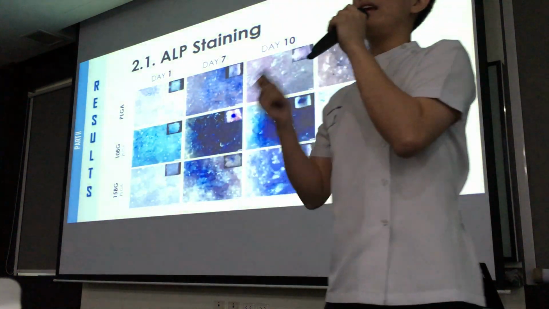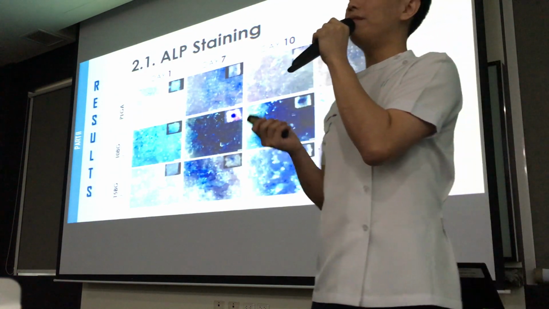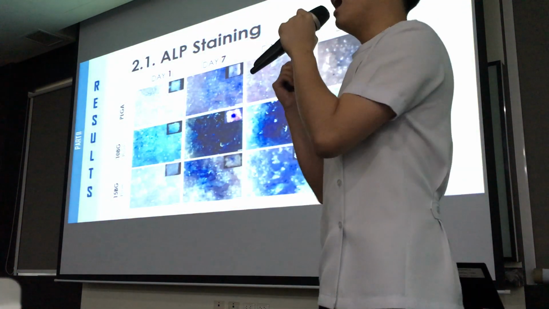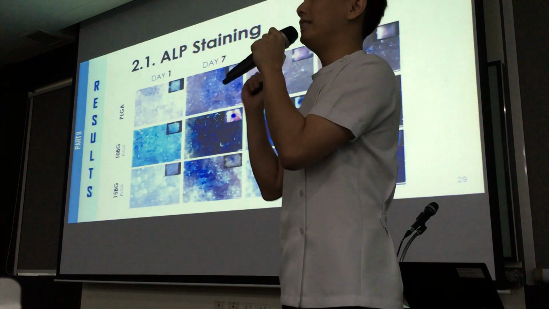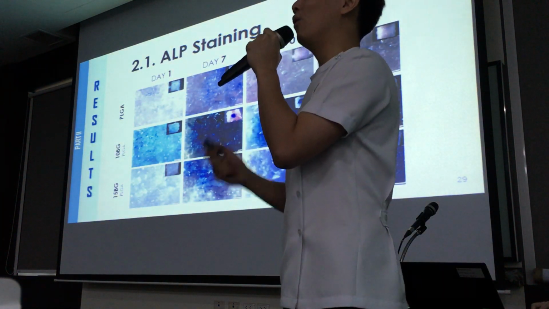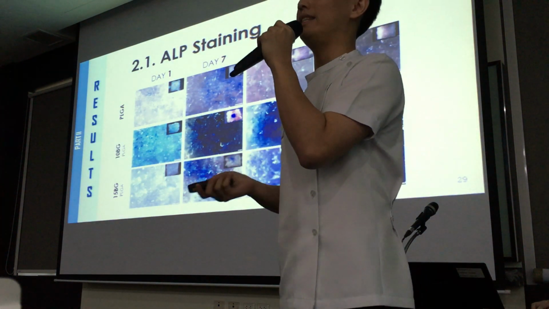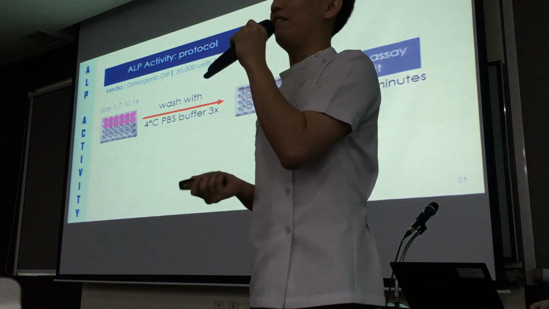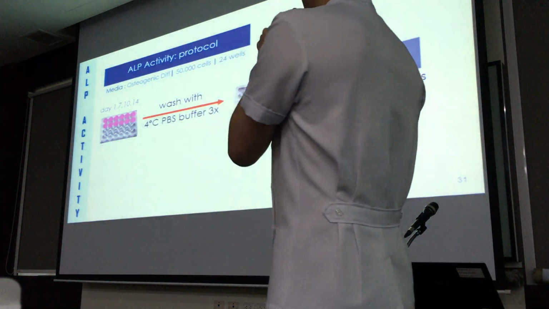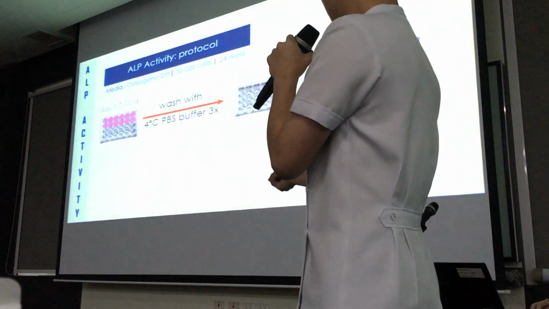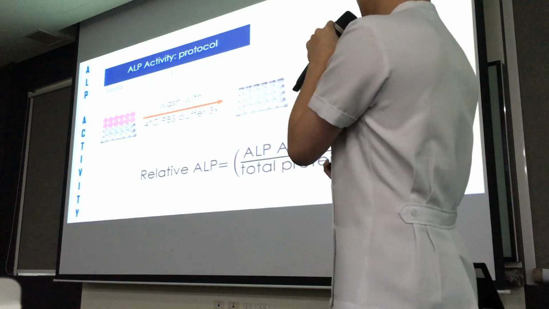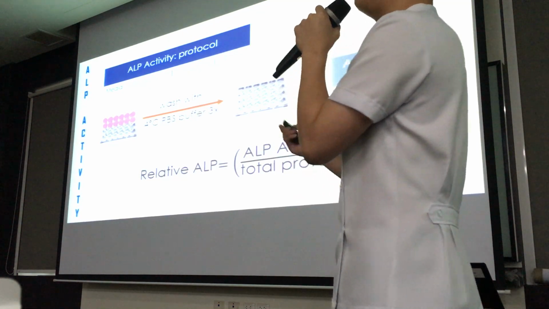This experiment indicated that SHED were able to differentiate into osteoblasts by producing alkaline phosphatase enzyme. However, it only shows that SHED can differentiate in the scaffold without any actual quantitative measurement. Therefore, the investigation of alkaline phosphatase activity was done by alkaline phosphatase assay kit. The activity retrieved from the experiment was then normalized by the total protein from the Bradford assay.